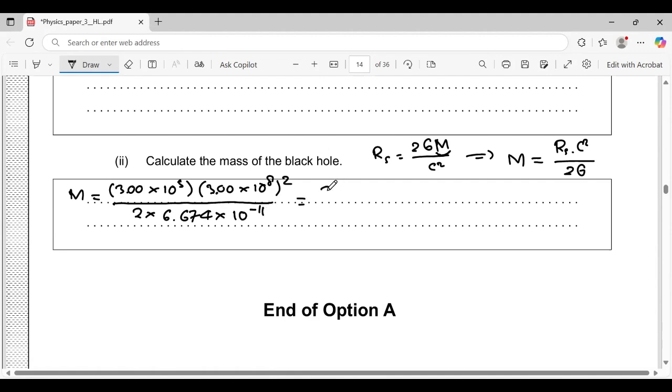If you calculate, this is 2.70 times 10 to the power 22 over 1.3348 times 10 to the power minus 10. And the result is 2.02 times 10 to the power 32 kilograms. This is the mass of the black hole.